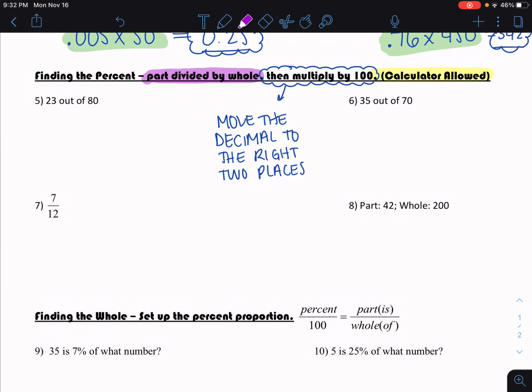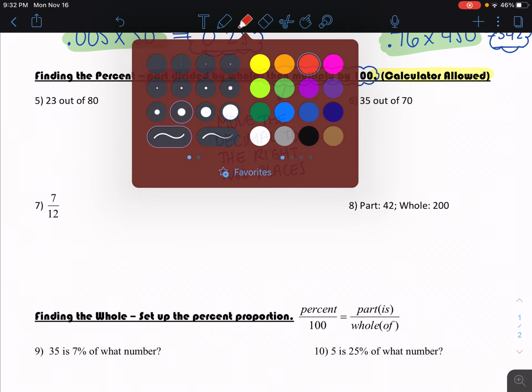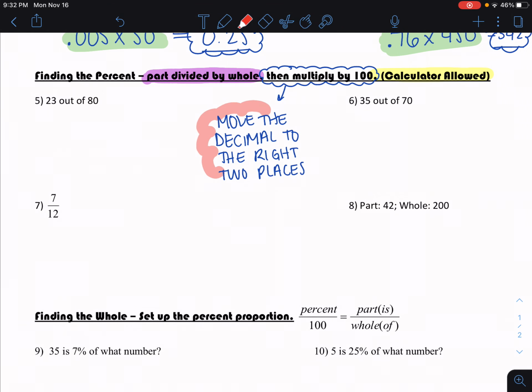Okay, so for this one, I'm doing part divided by whole, and then I'm going to move the decimal to the right 2 places.